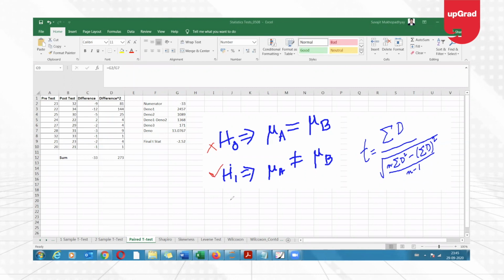So that's about the paired t-test, where we are pairing attributes of the same subject which are separated over time, pre-test and post-test. For this paired t-test, we are assuming that the distribution is normal. If this is not normal, then the substitute of this test we'll learn in later videos. We have something called a Wilcoxon test. So we'll learn about it in the next video.